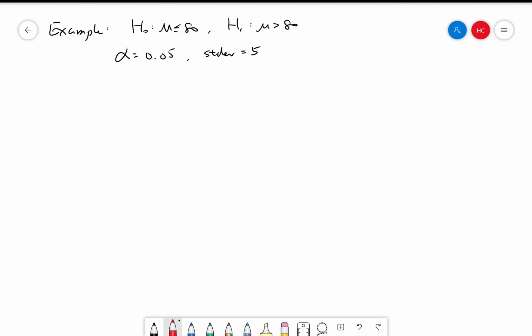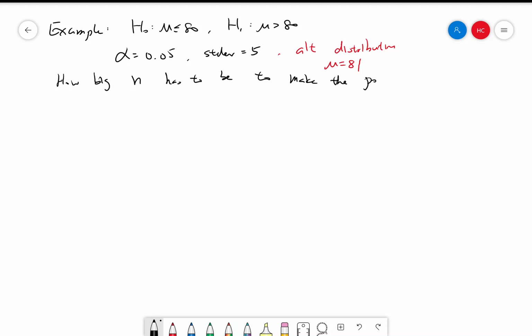And the alternate distribution has mu equal to 81. We want to see how big the sample size should be to make the power equal to 0.9.